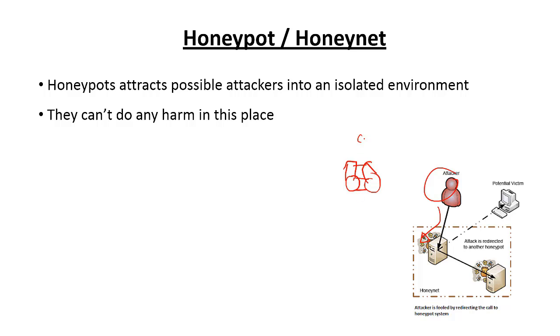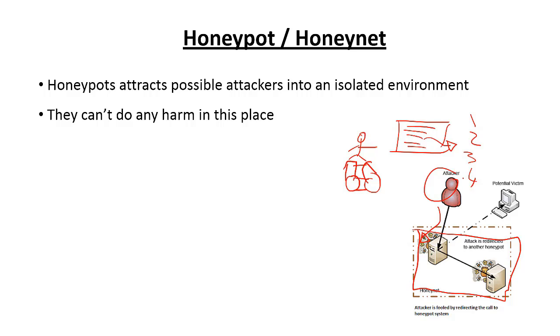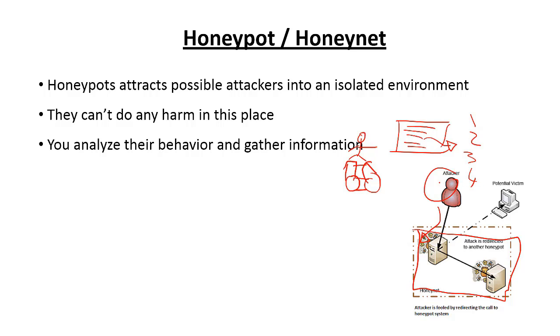This is you as the network administrator watching what they do. You'll obviously be doing it via whatever software. You can see what commands they're executing and trying to inject pieces of code, and this whole environment is protected, segmented off from your network, and that lets you design a series of steps to protect your network. So you're analysing the behaviour and gathering the information.